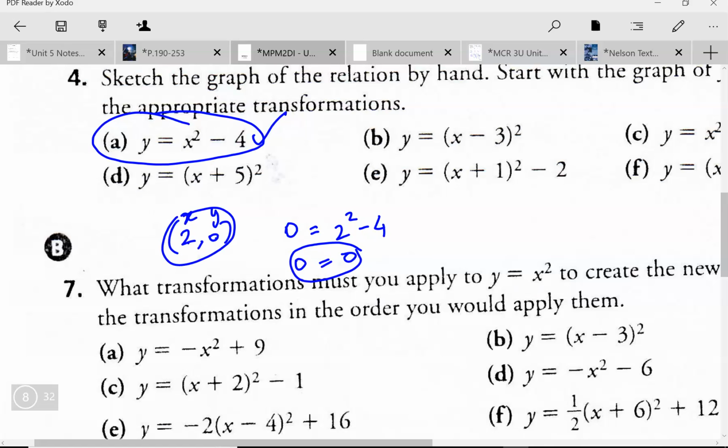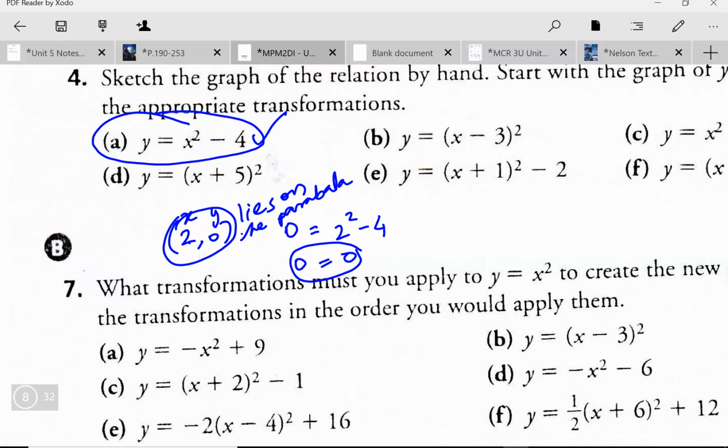So 2, 0 lies on the parabola. So that's what it means for a point to be on a graph. It means if you put that point, the x value and the y value, into that function, into this equation, it will be true.